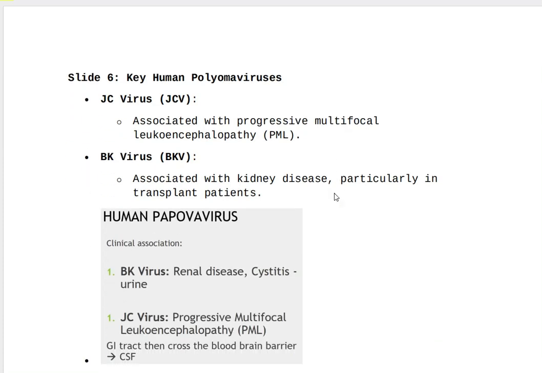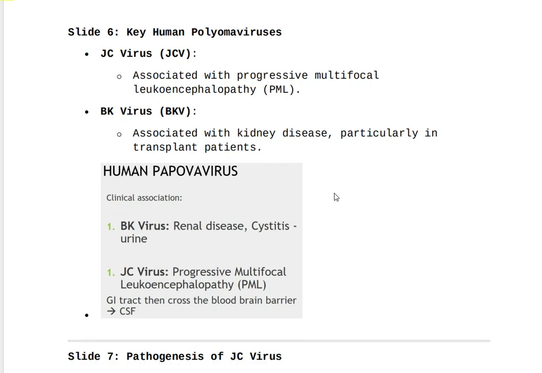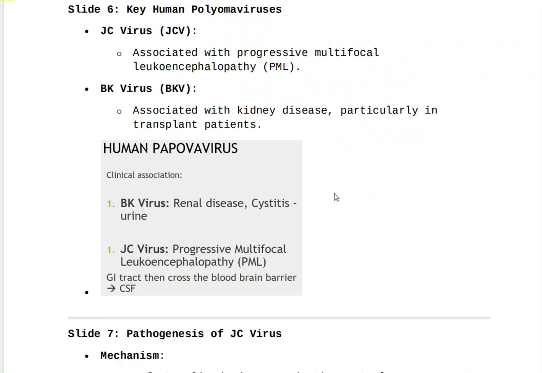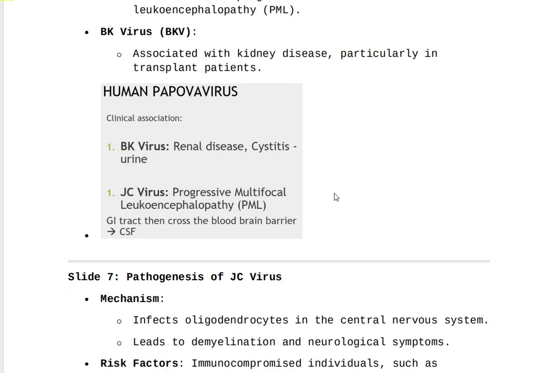The key human polyomaviruses are the JC virus and the BK virus. They are associated respectively with PML, progressive multifocal leukoencephalopathy, for JC virus, and kidney disease for BK virus, like in those who have received transplants.